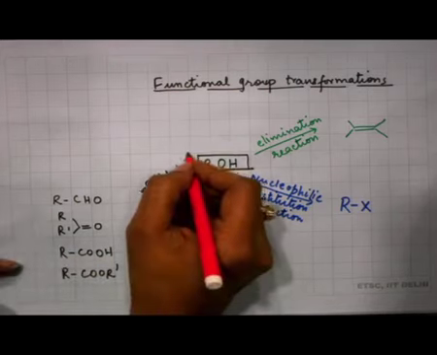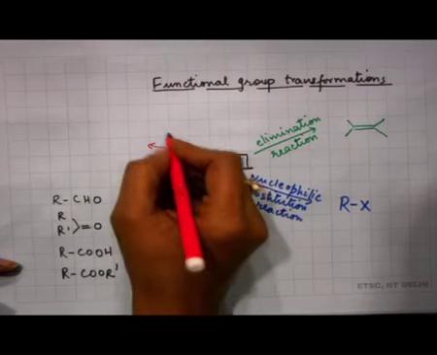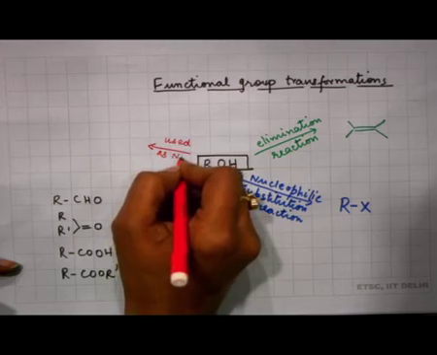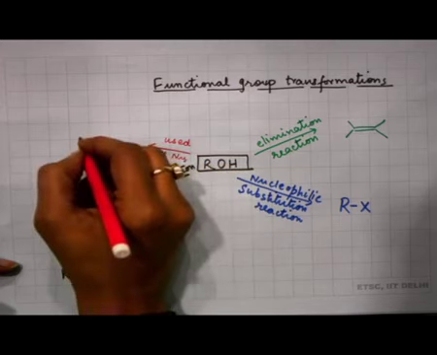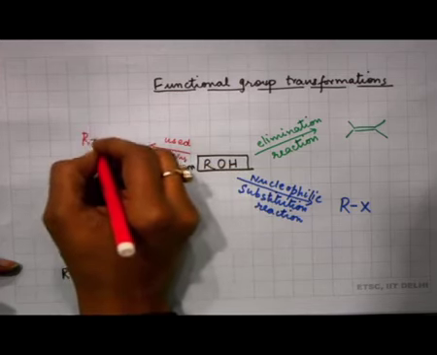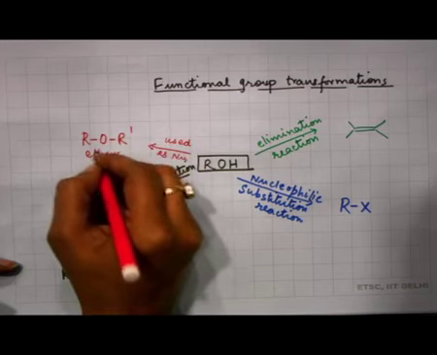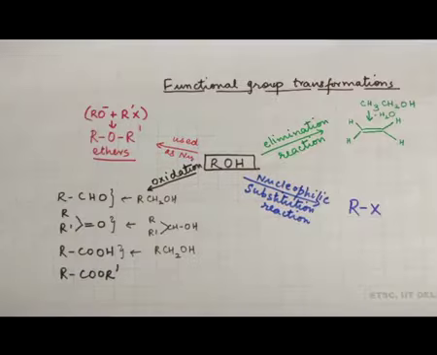We can even use them as a nucleophile. When they are used as a nucleophile in a nucleophilic substitution reaction, they yield what we call ethers. So, these are the different functional group transformations which are possible on alcohols, and that is why we say they are such an important class of organic molecules.